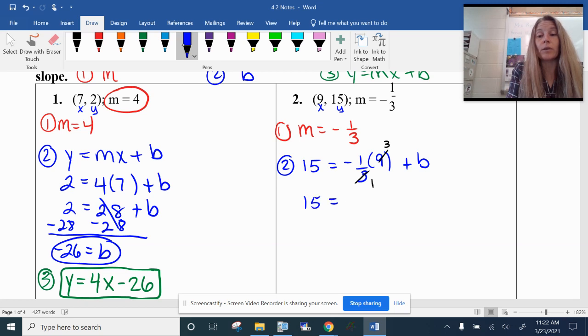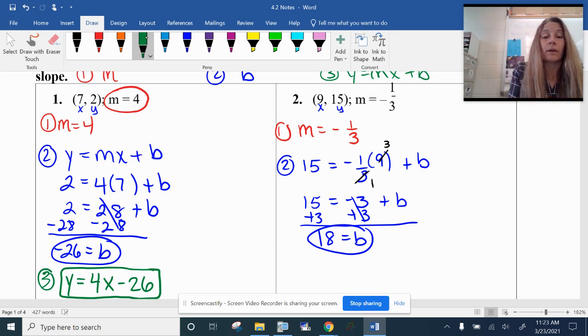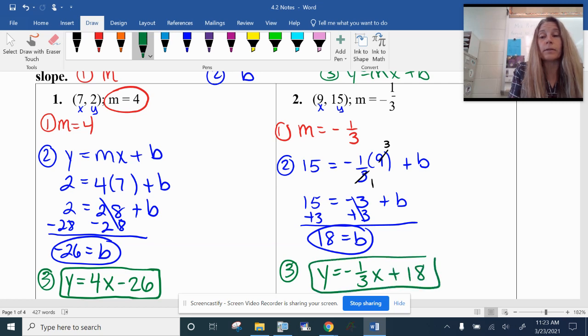So 15 equals -3 plus b. And then I add my 3. So I have 18 equals b. Then I go to write my equation, y equals -1/3 x plus 18.